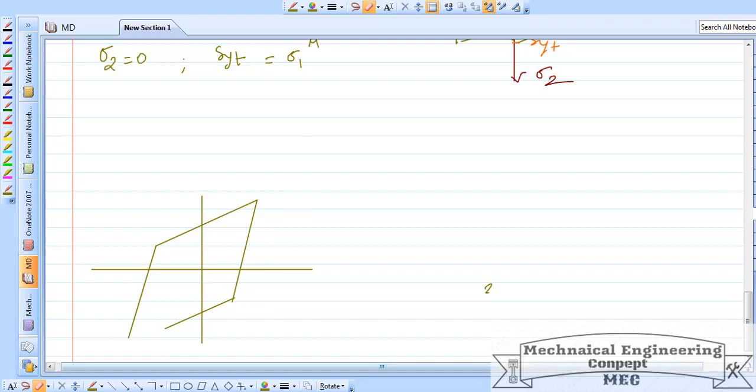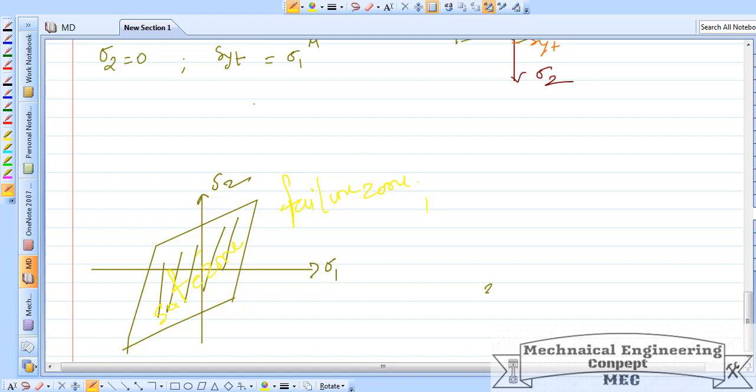Erase this point approximately and join this point with this. So this is the approximate plot, in which this is the axis of sigma 1 and this is sigma 2. This is the safe zone, and this is the failure zone. So this depicts the region of the biaxial system.